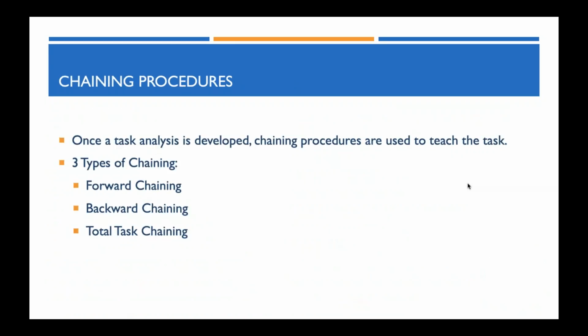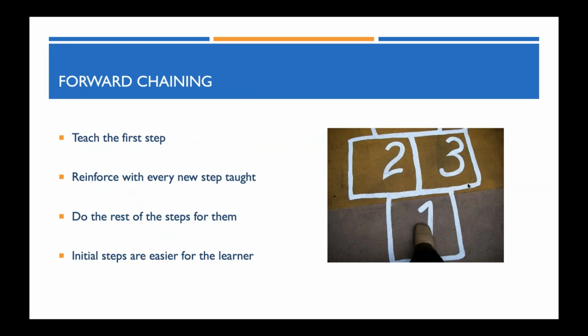Once the task analysis is developed, chaining procedures are used to teach the task. There are three different types of chaining that you can use: forward chaining, backward chaining, and total task chaining. In forward chaining, you teach the first step in the task analysis, and then you reinforce with every new step taught.